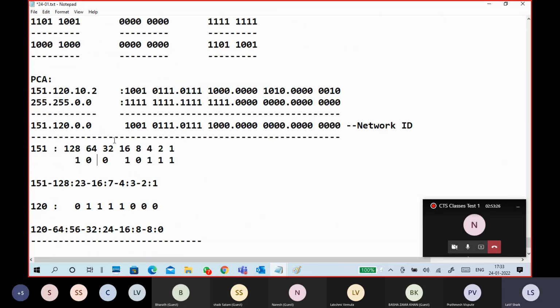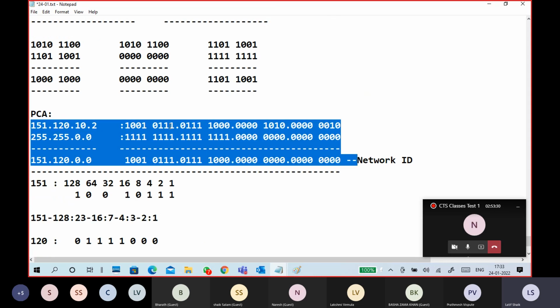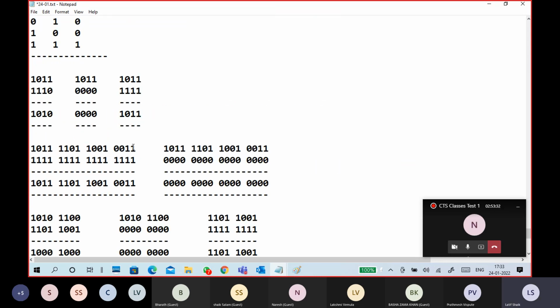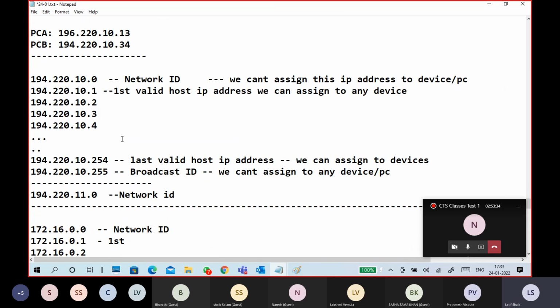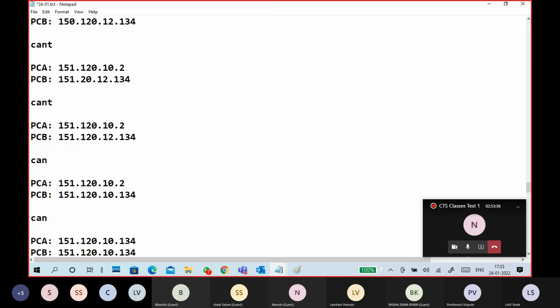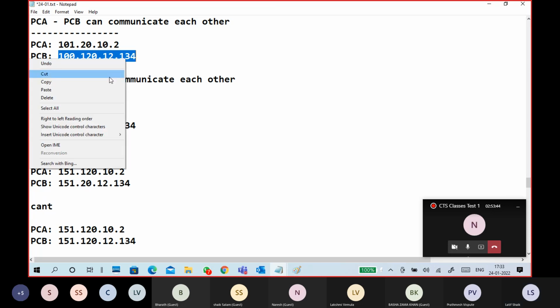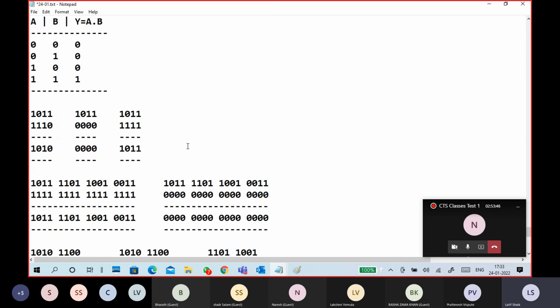Okay guys, this is how you can calculate a network ID. I will take one more IP address, a class A one. This is class A, right?